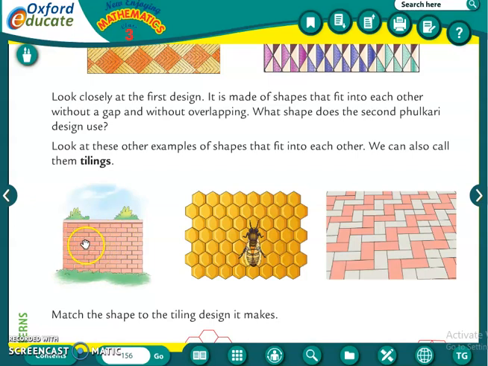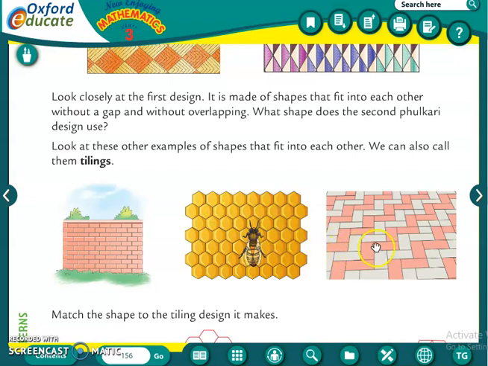So this is also a pattern, and you can see there is no gap between and no overlapping. Same here, it is a rectangle, this is a hexagon. So that also you can see no overlapping and not even space between.